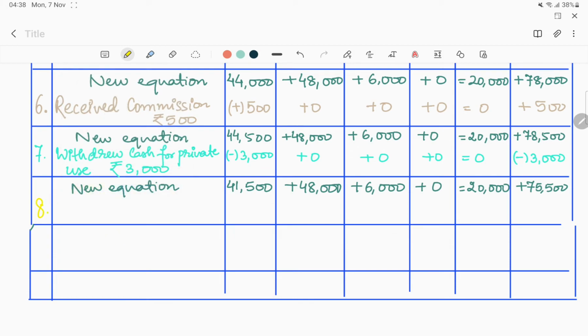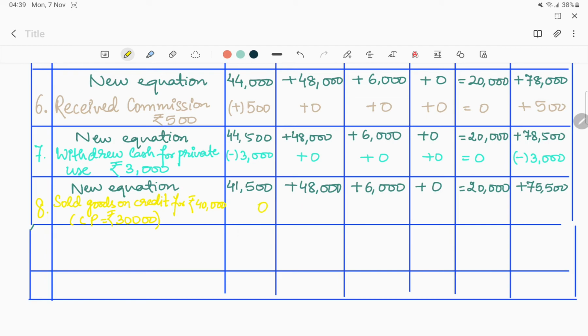Serial number 8. Sold goods on credit for rupees 40,000. In bracket you can write CP is equal to 30,000 rupees. So cash 0.